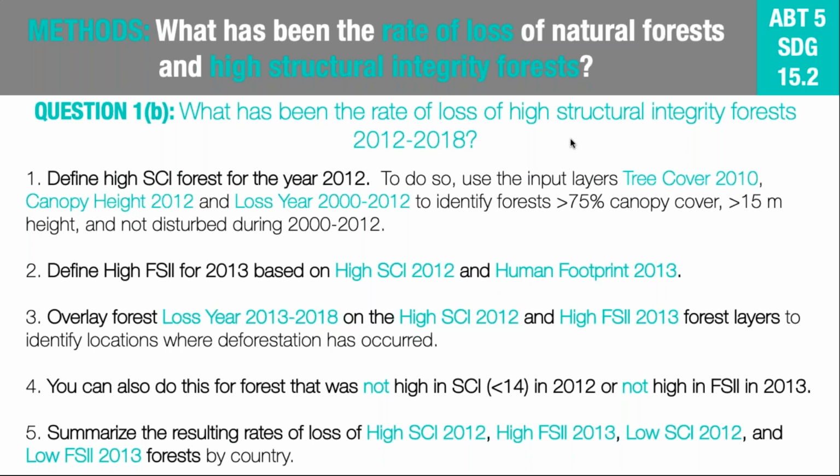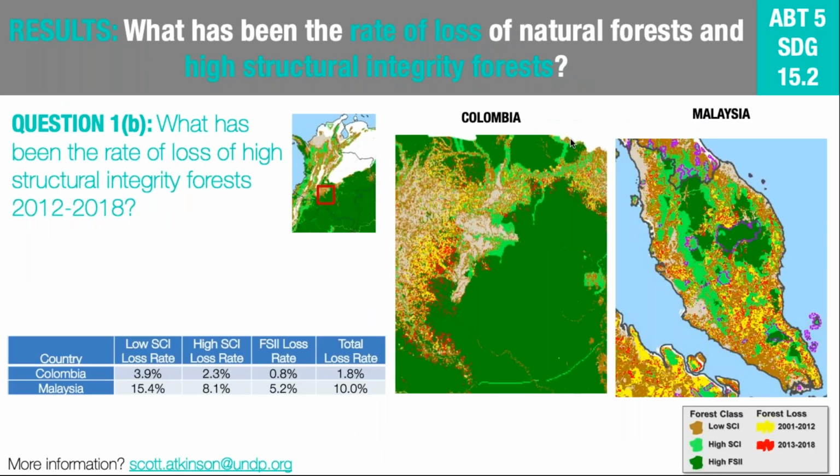The next slide provides, again, an example for Colombia and Malaysia of looking at these loss rates. So you'll notice, for example, in the table on the left side, that it's quite interesting to see that the rates of loss were highest among the lowest structural condition forests.